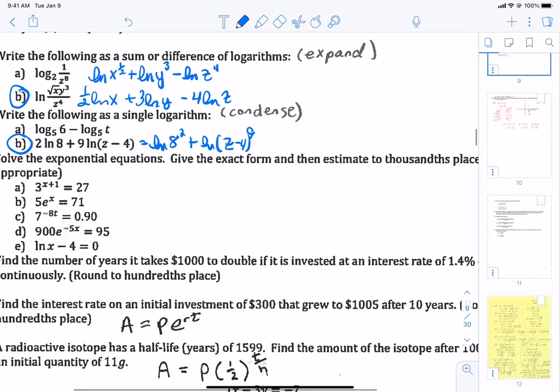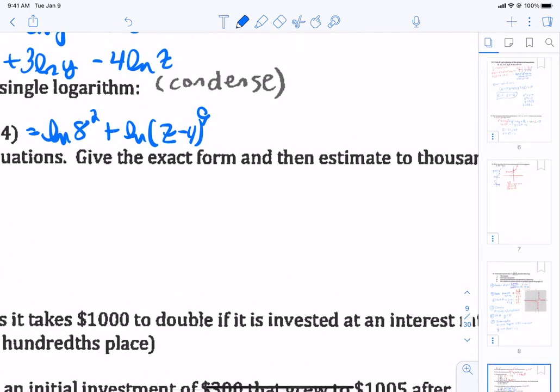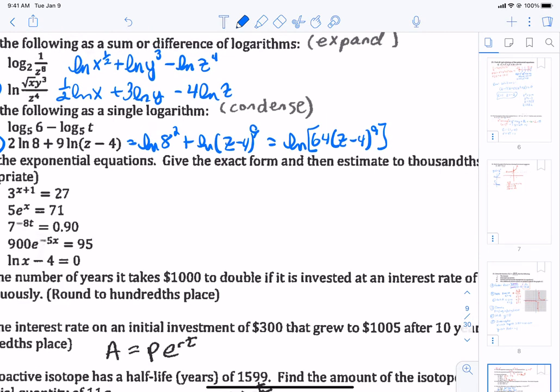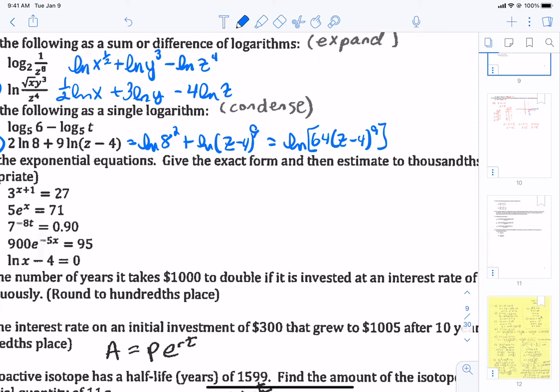That's a plus, so we can put it back together by multiplying. So that's just going to be 64 times z minus 4 to the 9th. And you want to somehow either use two sets of parentheses to make it clear that all of that stuff is inside of that one logarithm.